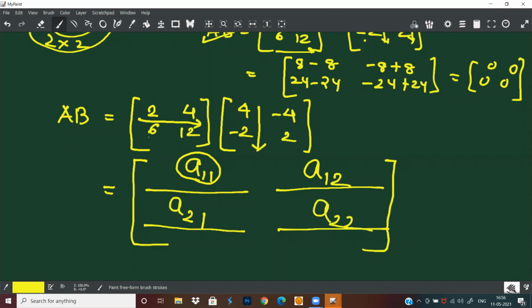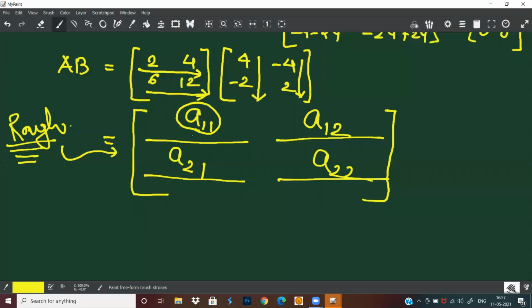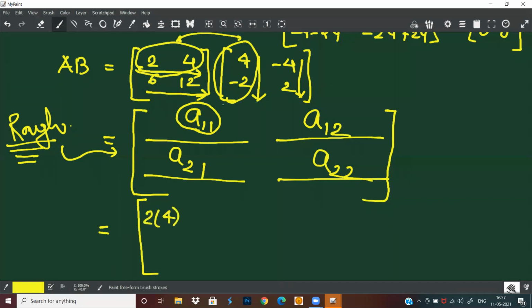So when I am multiplying, until you get practice for 3-4 sums, you can give arrows row wise to the first matrix and column wise to the second matrix, and this is what I have written to make you understand. You don't need to write this in the exam, you don't have to write anything in the exam anyway, but I'm just telling you. So now let's multiply. To get A11, use the first row and first column. Like a driving wheel goes, you will go from left to right, so you will multiply 2 by 4, so it is 2 into 4 plus second with second, 4 into minus 2.